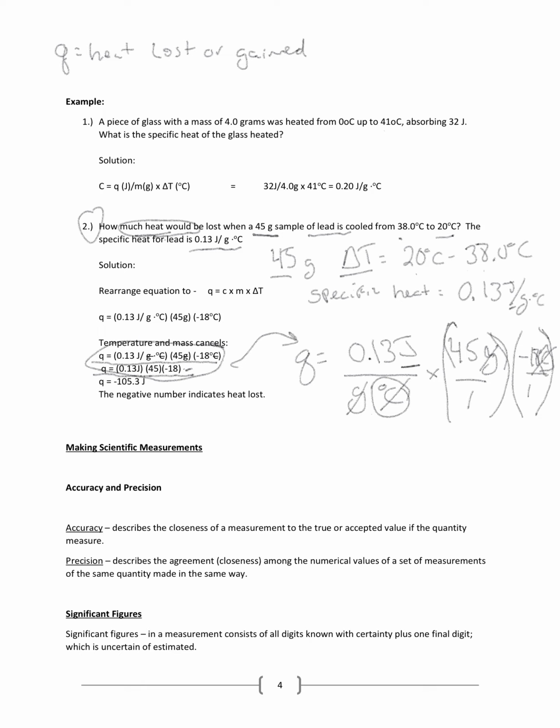All right, and then when I multiply 0.13 times 45 times negative 18, what do I get? I get negative 105.3 joules. Okay. And then I'm going to talk about precision, and then I'm going to stop this part. And I'll make another one for talking about significant figures.